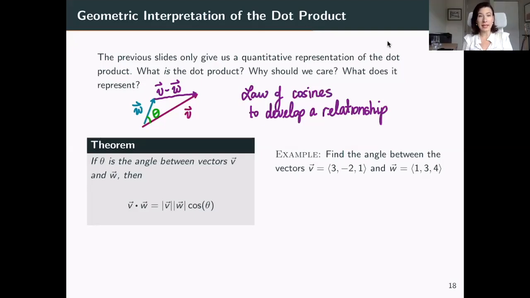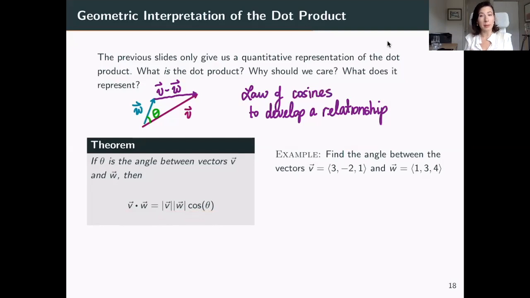The theorem states that if theta is the angle between two vectors, v and w, again, these two vectors could be in R2 or they could be in R3, then the dot product of those two vectors is going to be equal to the magnitudes of v and w multiplied together times cosine of theta, where theta is the angle between those two vectors.